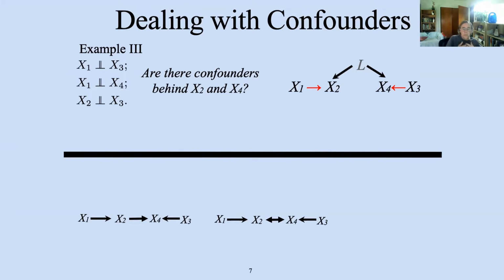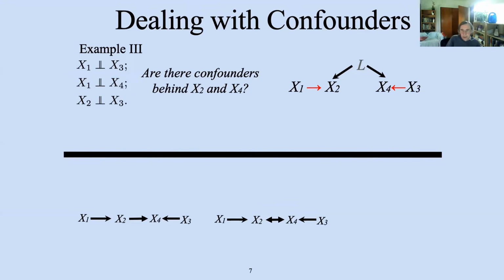If we tried to run something like this through PC, we would have a problem, because it would make x2, x4, x1 look like a V structure, and x2, x4, x3 a V structure. But if I put V structures on both sides, I'd have a double-headed arrow.